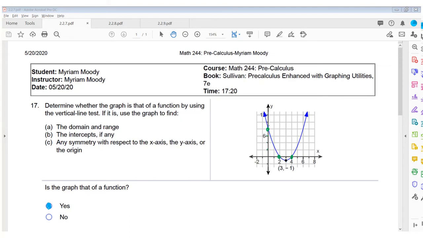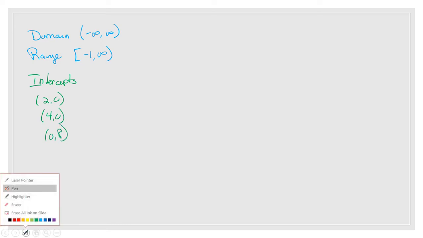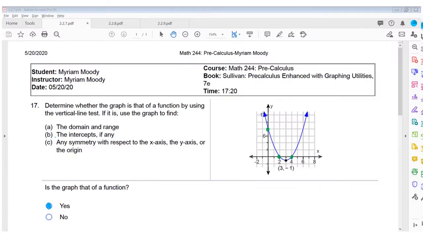So it looks like it's an 8 for the y. Okay. So, looks like our intercepts are (2, 0) and (4, 0) for the x's, and (0, 8) on the y. Good?